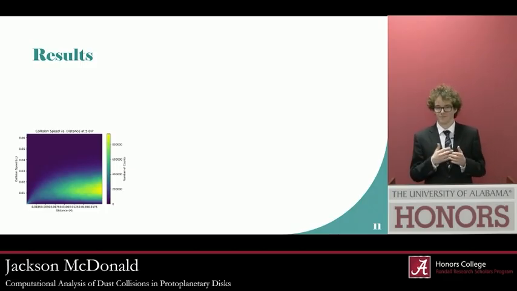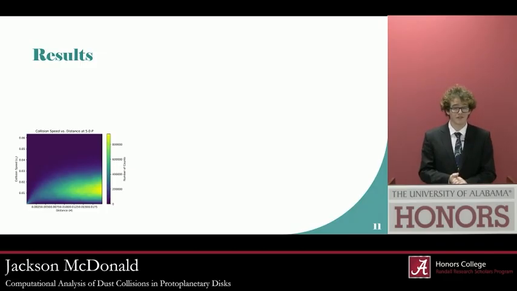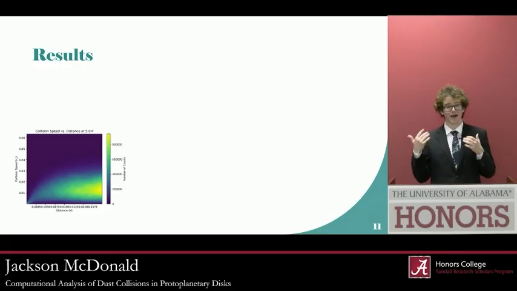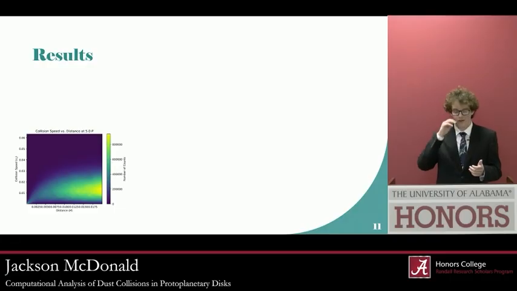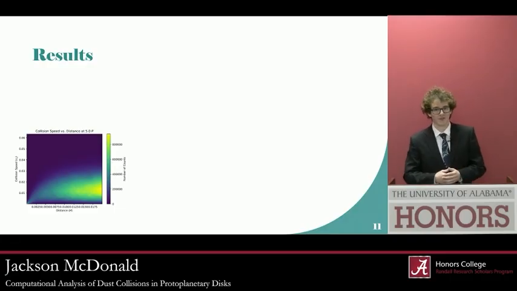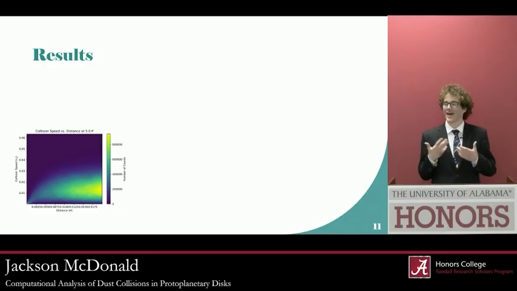However, these particles aren't super relevant to our analysis, primarily because they're just too far away. And by the time they would interact with each other, their collision speeds would almost certainly have changed. So again, it's not really relevant.